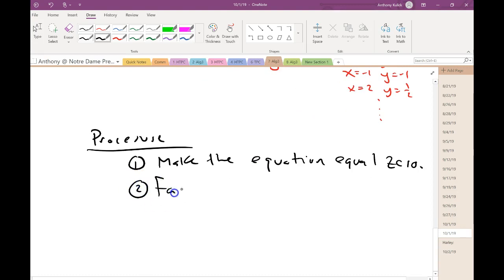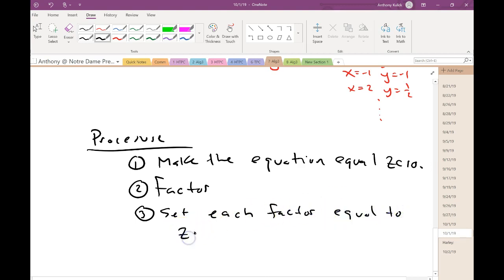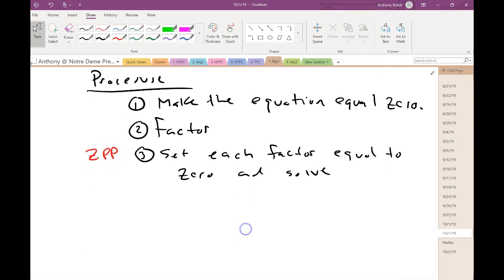Step 2, factor. We've talked about how to do that, and we'll continue to get some more practice factoring because we need to do factoring to do these solving problems. And then we're going to set each factor equal to 0 and solve. It's this step where we're using the zero product property. Okay, so that's it.